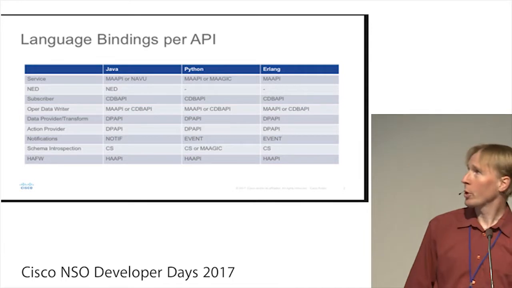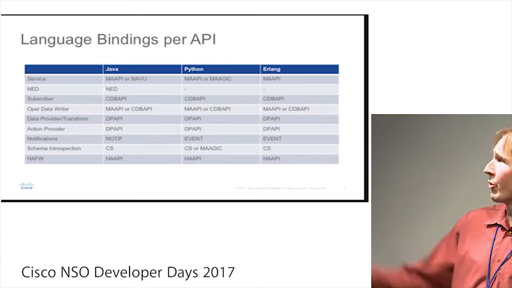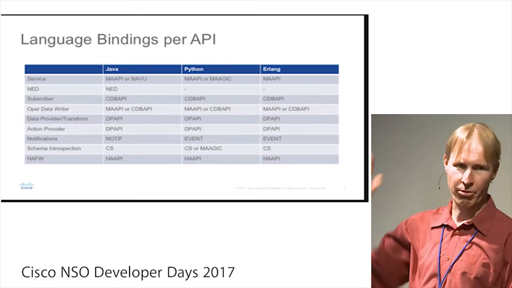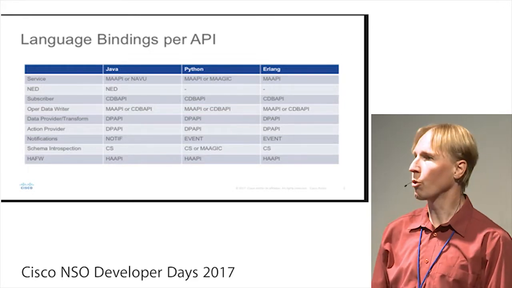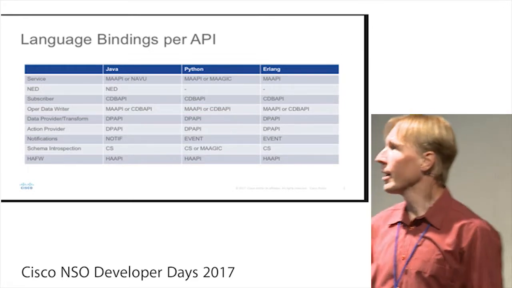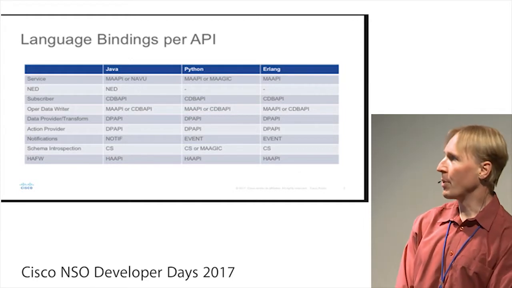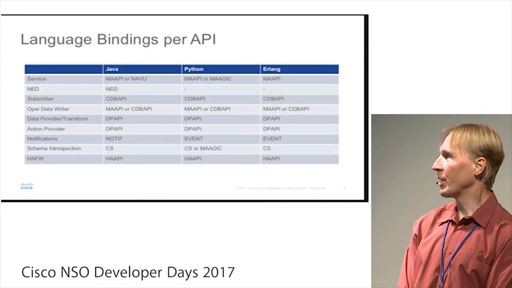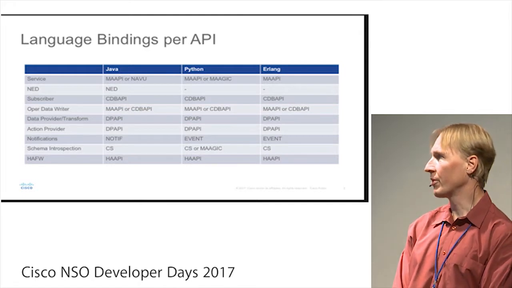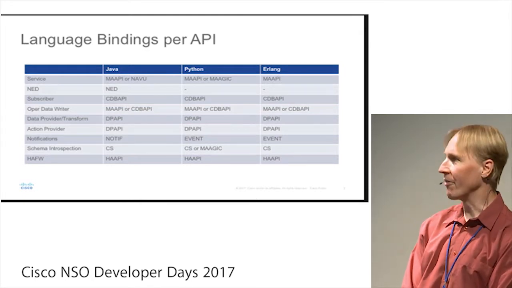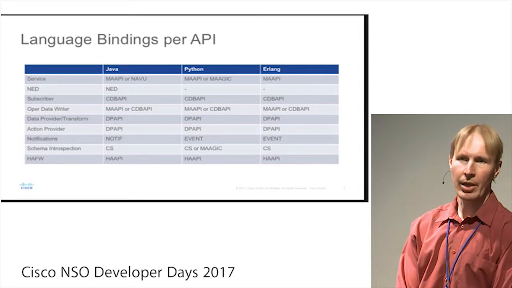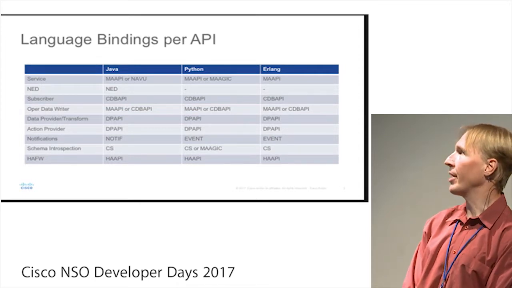Okay, so if we compare these different languages, we have Java, Python, and Erlang as the three officially supported languages for NSO. And if you see, there are some different APIs here. We have the service API, the NED API, subscriber, CDB operational data provider, action provider, notifications, schema, and high availability framework APIs. And to see how they are represented in these languages.